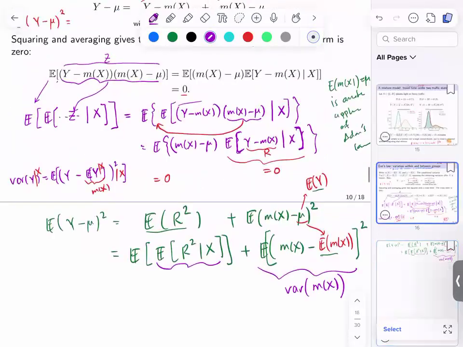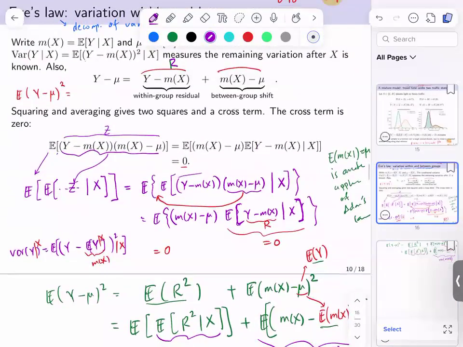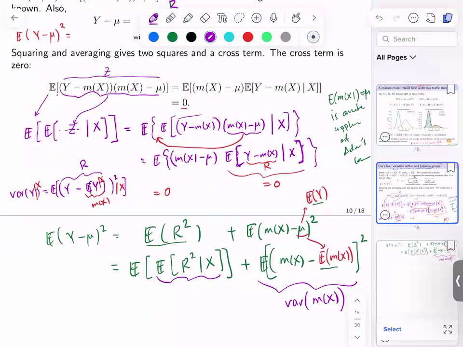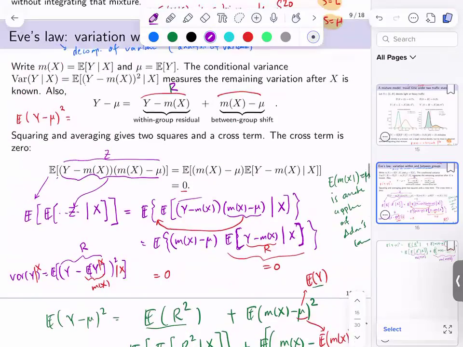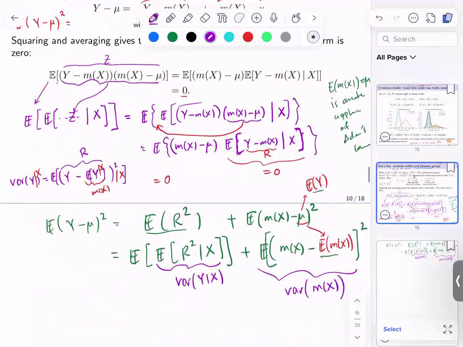This residual, we call this R, by definition, the way I defined it. So what I have here is the expectation of R squared conditional on x. This is really the conditional variance of y given x. I didn't want to write this down, but you square this and then take the expectation conditional on x, and that's the definition of conditional variance.